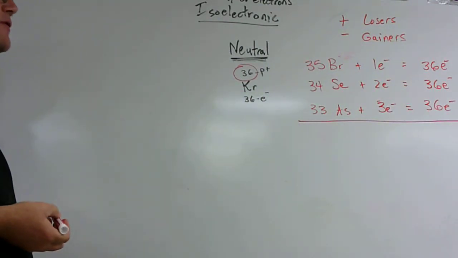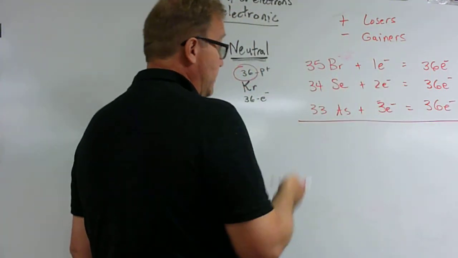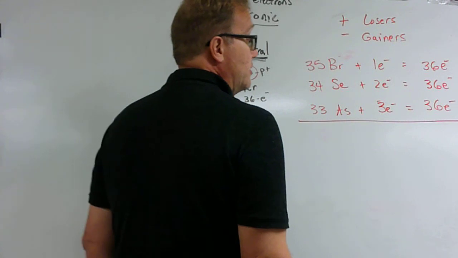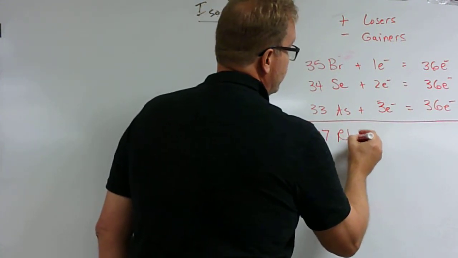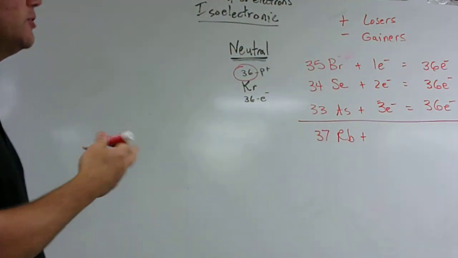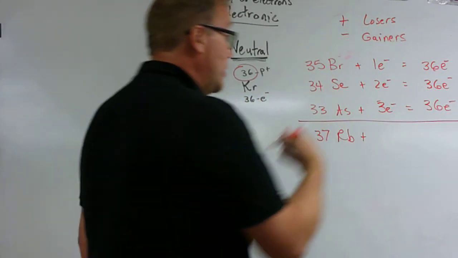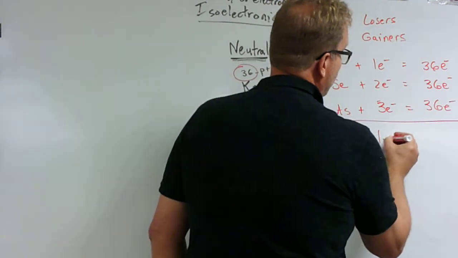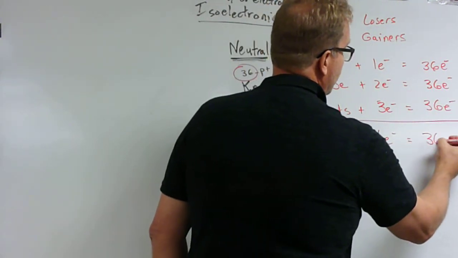How about going beyond it? You can't use 19 or 55 because it's really hard to get to 36, and you're not going to lose that many electrons. That's why it's difficult to go to a different energy level. I have to go one above to become isoelectronic. How do I get to 36? Now I'm going to lose 1 electron. 36 electrons.